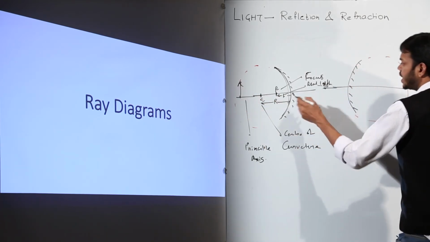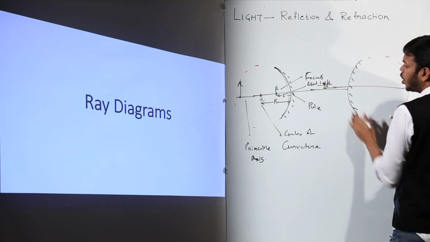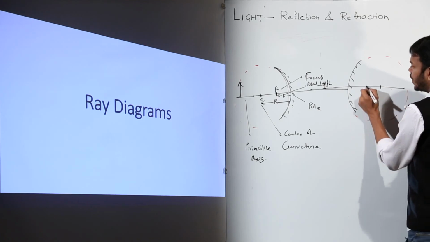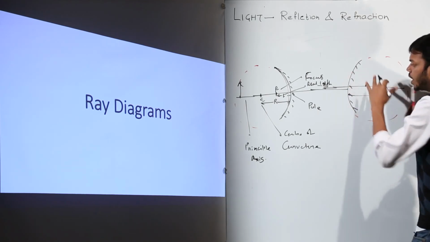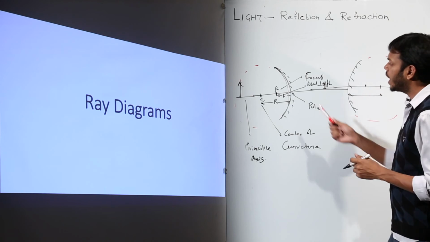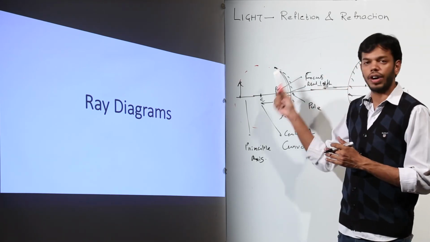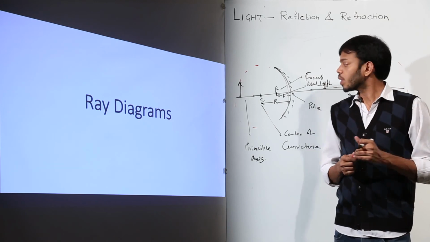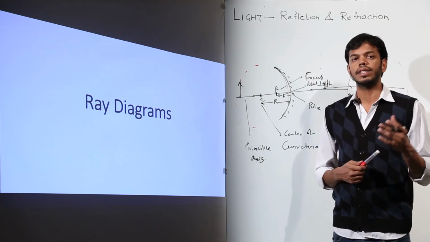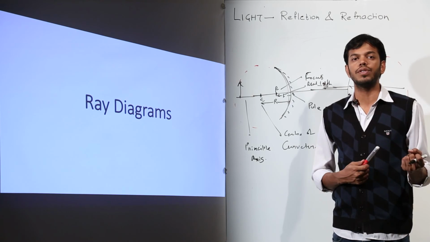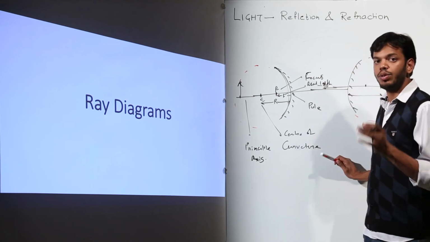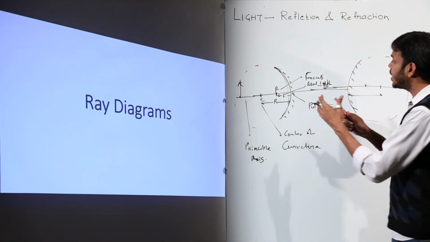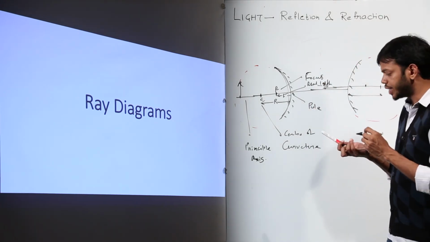So even if it is placed in front of a convex mirror, those points, which are center of curvature, focus and radius of curvature, are all behind the mirror, whereas in case of a concave mirror, they are all in front of the mirror. This is a very important point when we apply the formula, that is, how to find the position of the image if you have the position of the object. During that you need to follow sign conventions, and there these points come into very serious consideration.